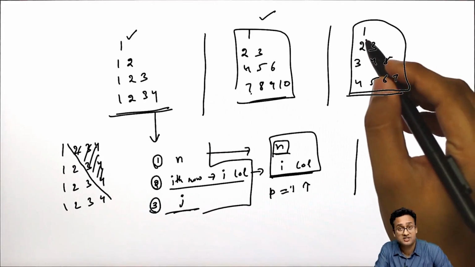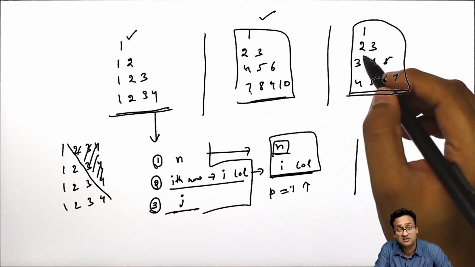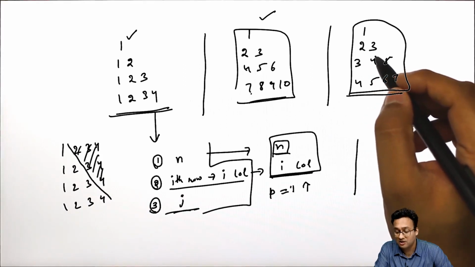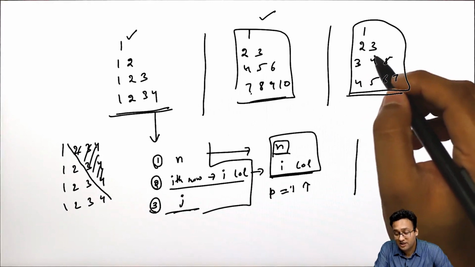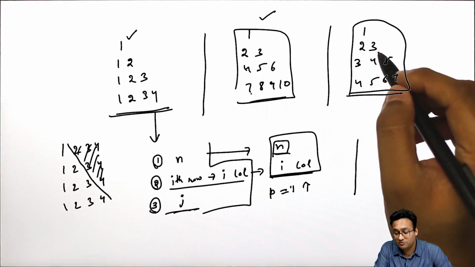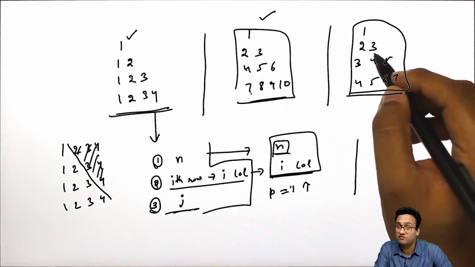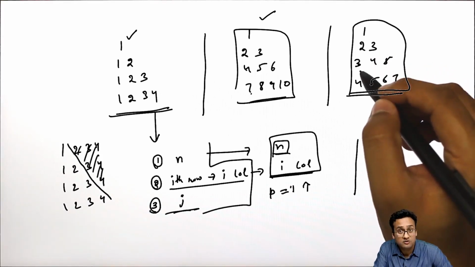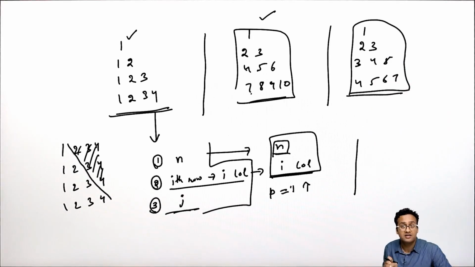So for the first row, it starts from 1, that's perfect. The second row, it starts from 2 and keeps increasing, right? Third row, it cannot go to 4 because 3 is already printed. In our previous logic, we'll go to 4. In the third row, it actually has to come back to 3. It has to come back to I.